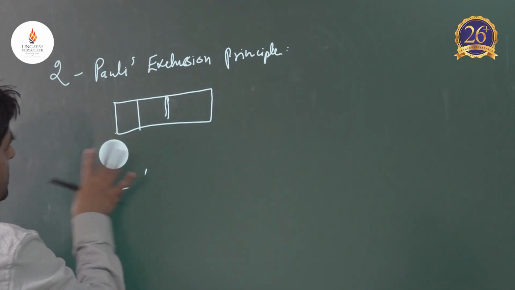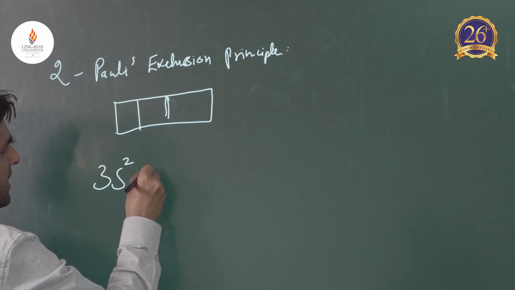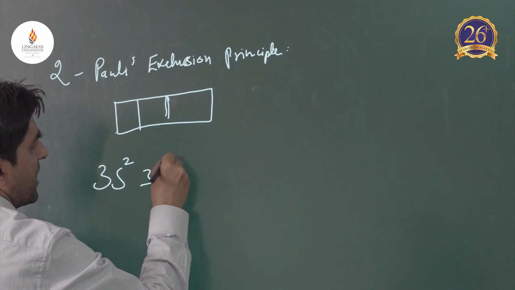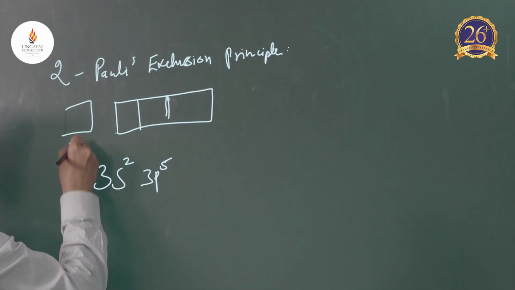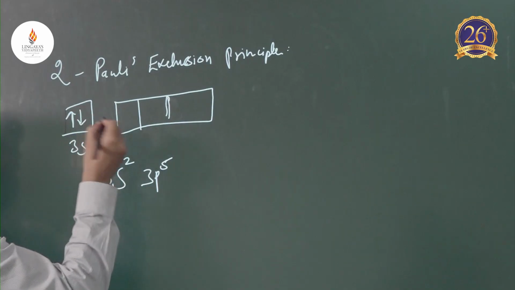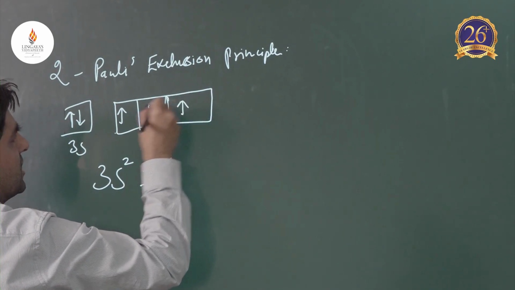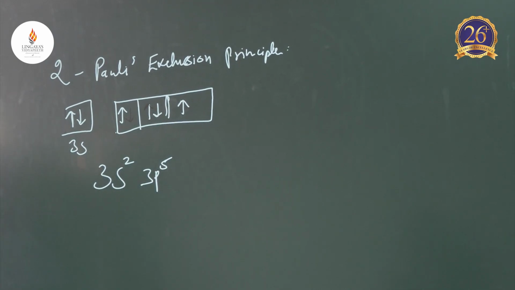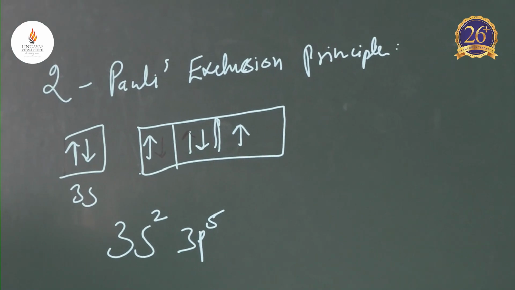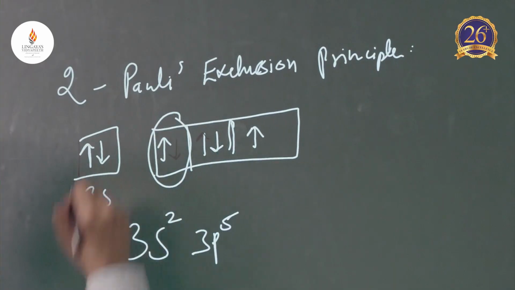Now we have to fill the electrons in 3s and 3p: 1, 2, 3, 4, 5. We are saying that no two electrons can have the same set of four quantum numbers. Suppose we are talking about this orbital.